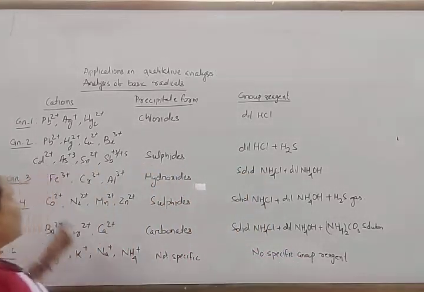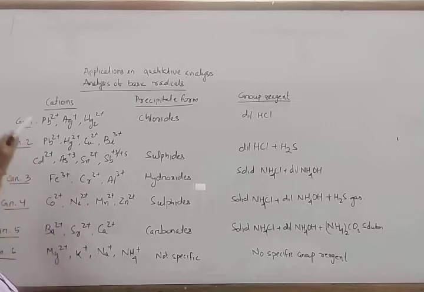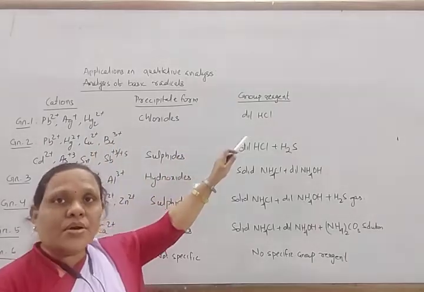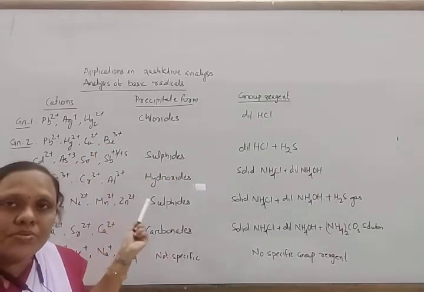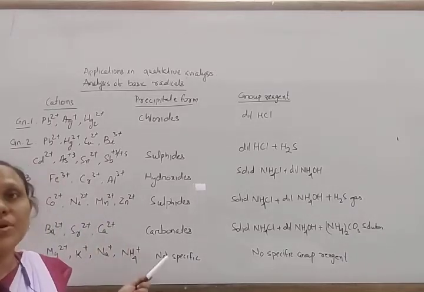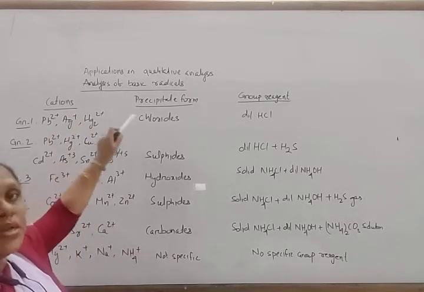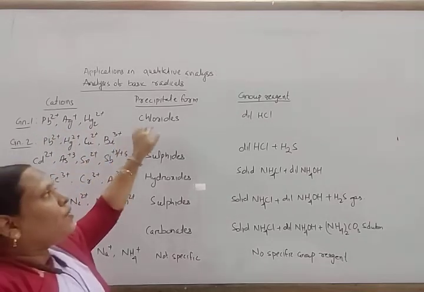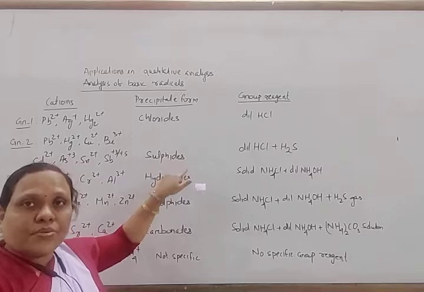They are classified into groups: group 1, 2, 3, 4, 5. Group 1 has the lower solubility product, then group 2, then 3, 4, 5. So the higher groups have higher values of solubility product than the lower groups. For example, group 1 has a lower value of solubility product than group 2.